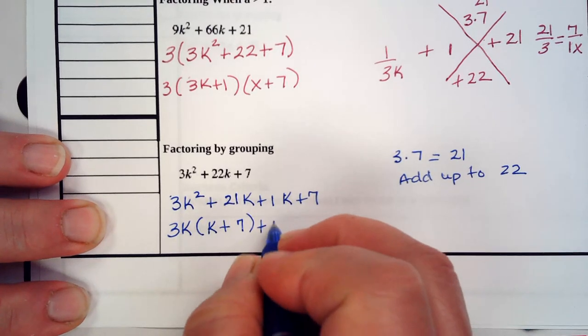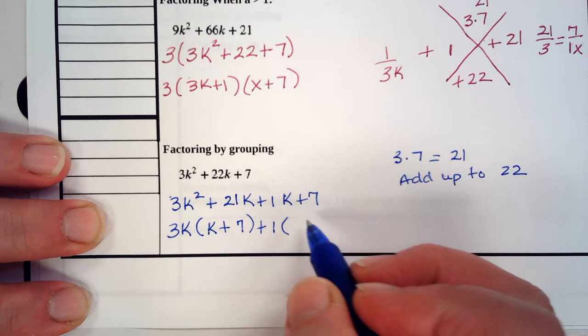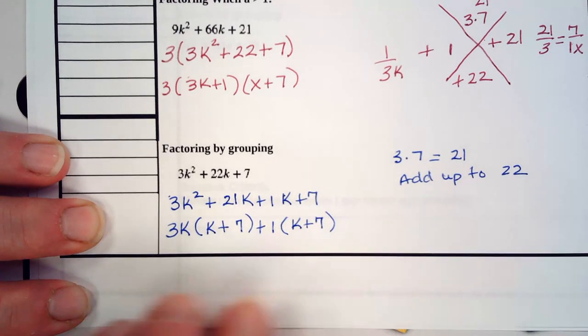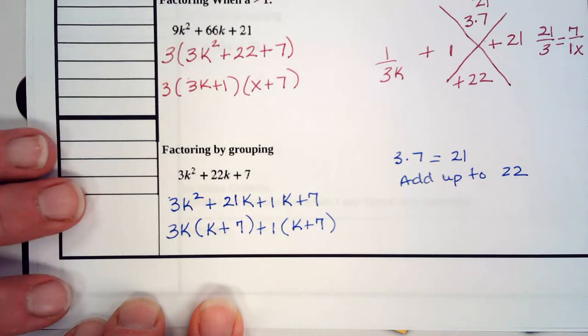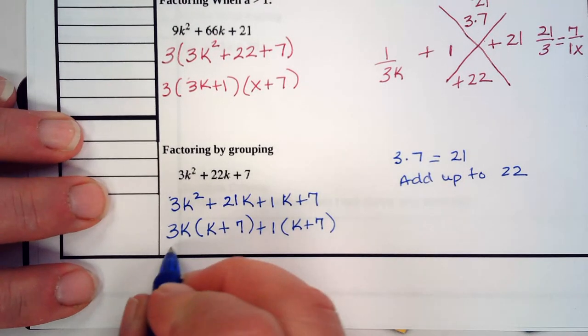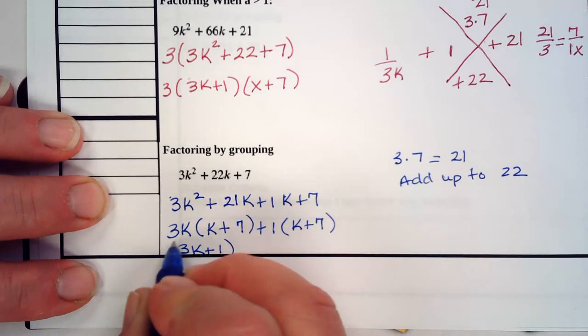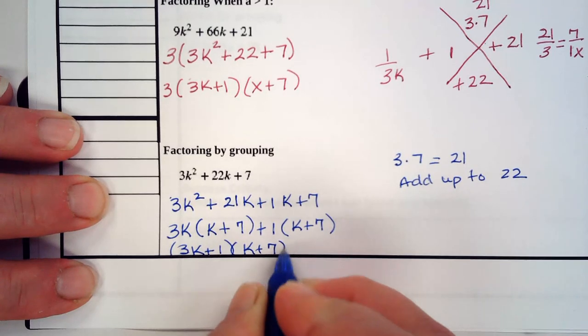Then you'll put plus 1, and then you've got no common factors, so this is k plus 7. As you're looking at it, just like we did before, this will be 3k plus 1 times k plus 7.